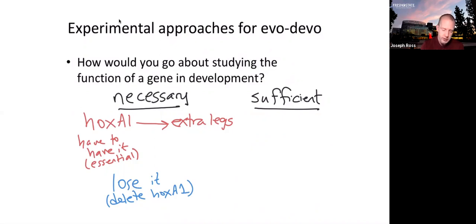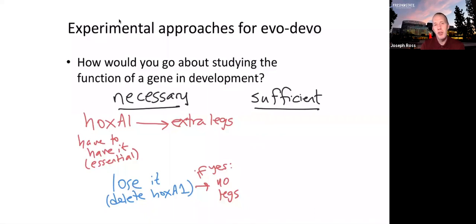The prediction is, if HOXA1 is necessary to produce extra legs, and you get an organism that doesn't have that gene, then you get an organism that doesn't have any legs.